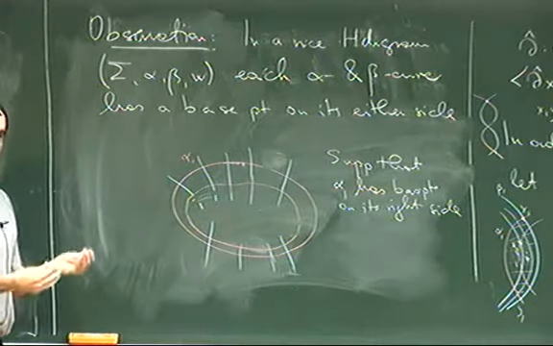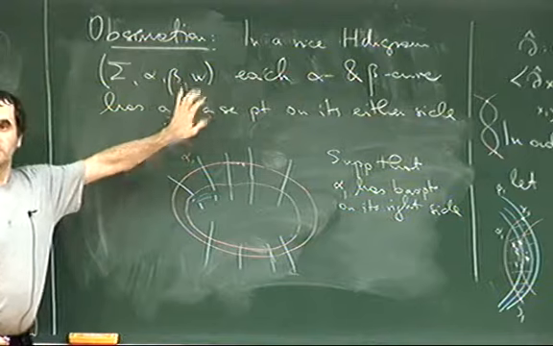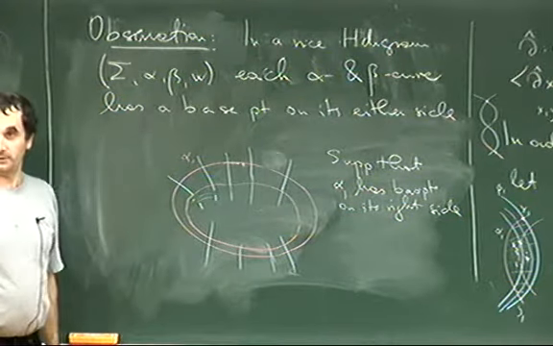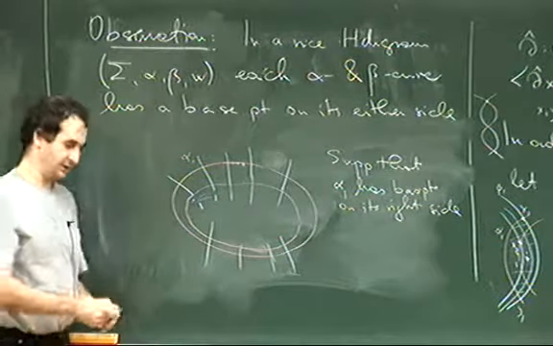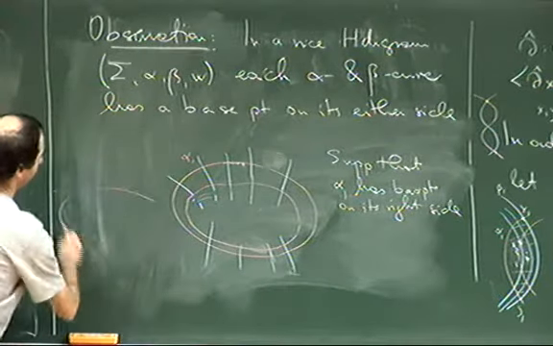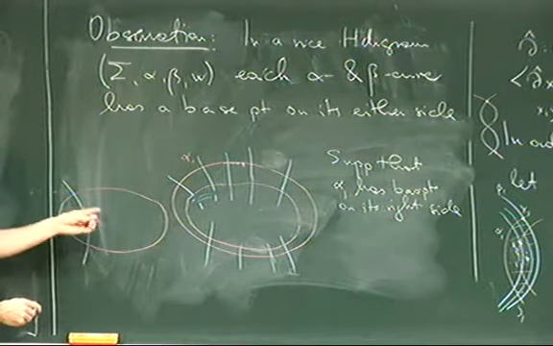So I want to show you how this assumption, the distribution of base points, comes into play. This is the case when we didn't have any bigon, and then there is this other case where you have a bigon like this, and then you move on.